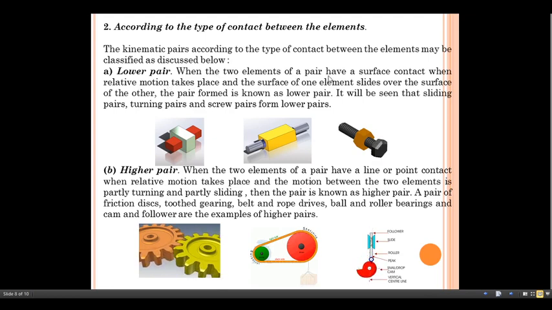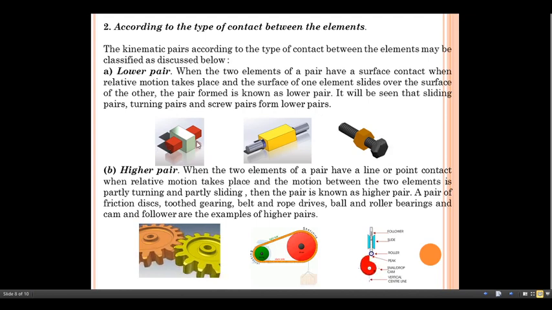When the two elements of a pair have a surface contact, when the relative motion takes place and the surface of one element slides over the surface of the other, the pair is known as a lower pair. Sliding pairs, turning pairs and screw pairs form lower pairs.